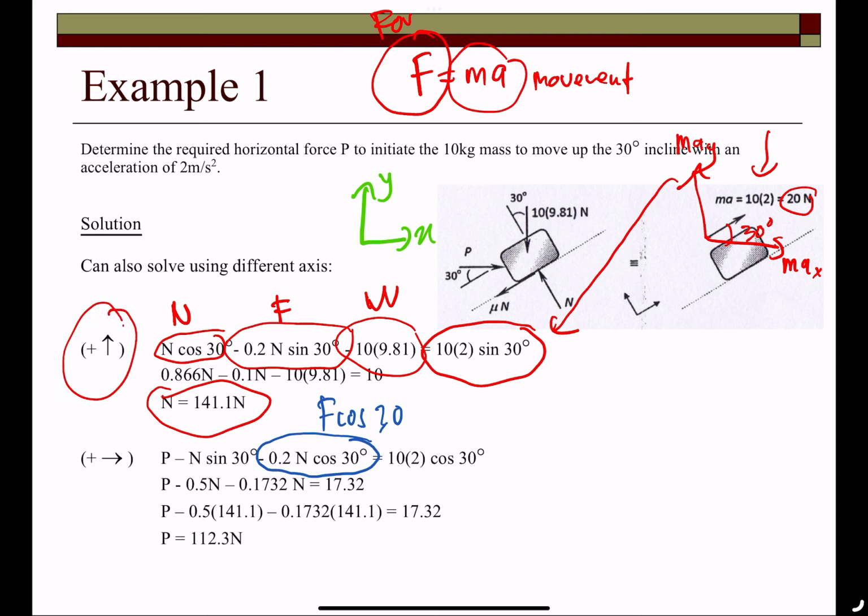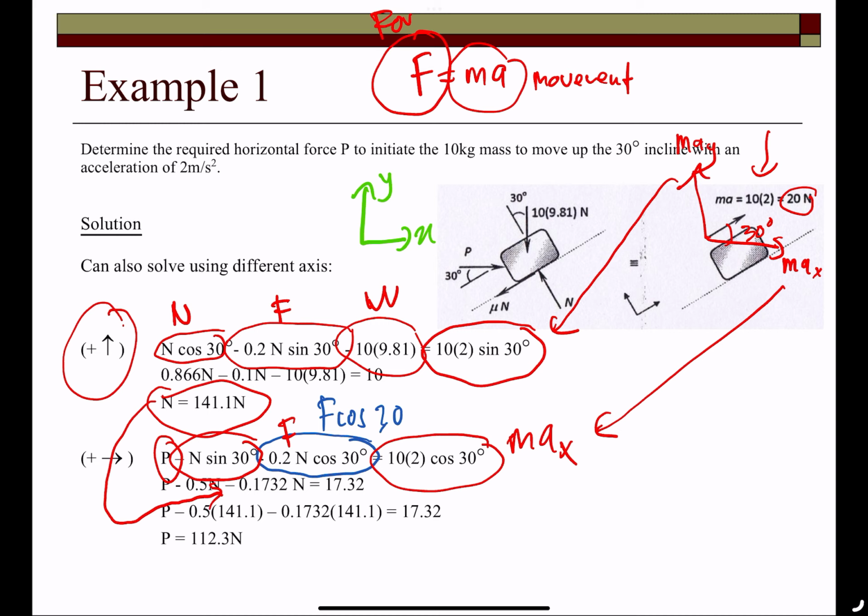Then you have to solve for the X analysis. The X analysis involves P, the normal force, the friction force, and MAX. You simplify it where you can put N inside this one, and then you will get P straightforward.